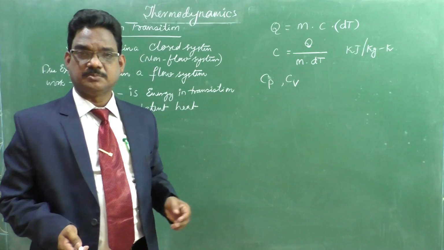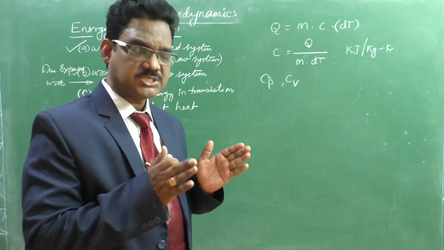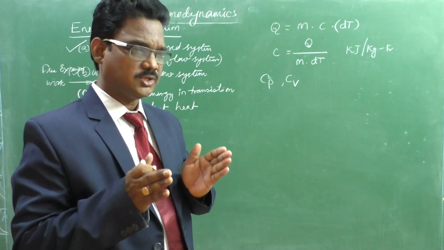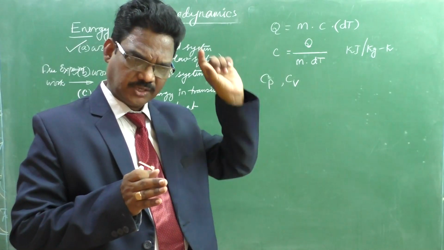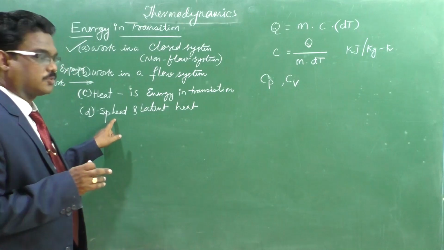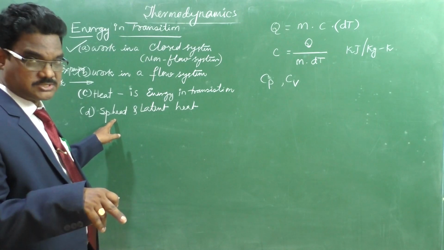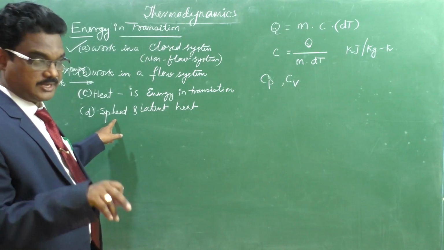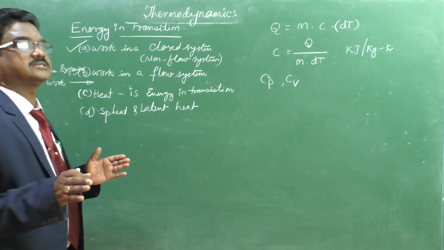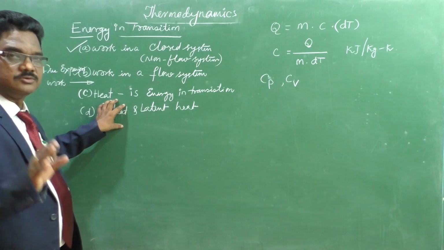That is the reason for Cp and Cv. For a particular process, if we take a 1 degree centigrade rise, the amount of heat required for a specific mass or specific gas is always constant. Therefore, the specific heat is a property of a system. Even though it depends on the process and the type of gas, by keeping these parameters constant, we can say the specific heat is a property with respect to the gas.